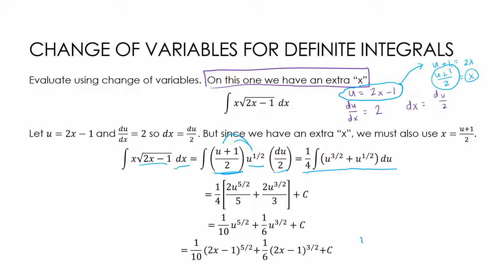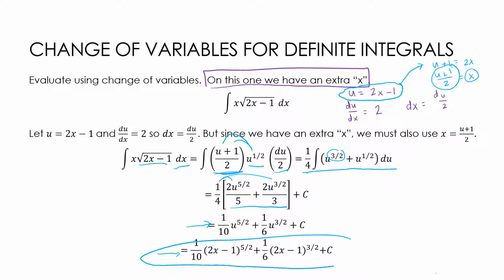Now I can do my integration. If I have 3/2, I'm going to add 1 to that, so 5/2 over 5/2, and then 3/2 over 3/2, that turns into this. Keep doing your math and algebra, reduce by multiplying by 1/4, and that gives me this. Once I'm at this point, you plug the u back in, and this is my final answer.